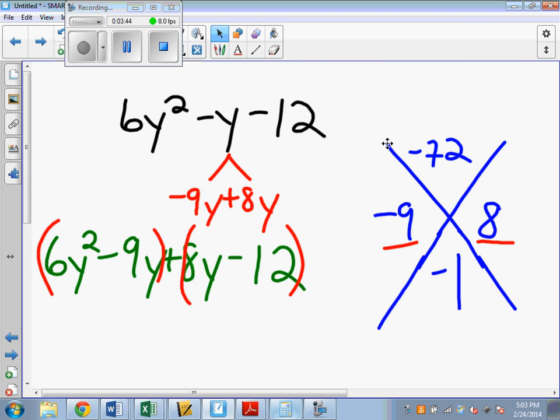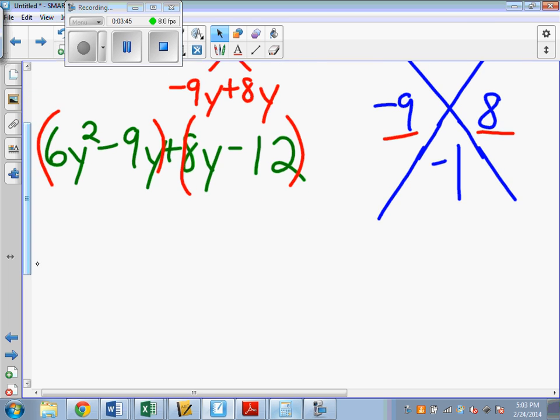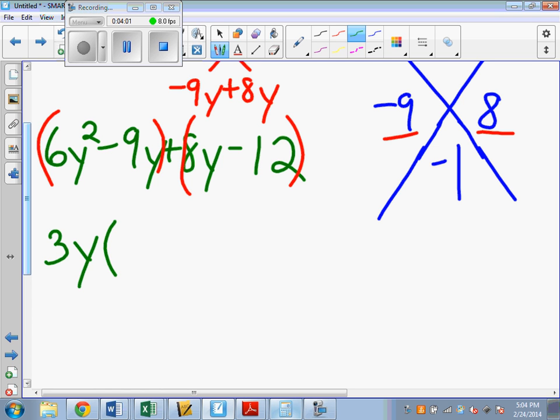When I'm factoring by grouping, I take a look at my first group, 6y squared minus 9y, and I want to figure out my greatest common factor. The greatest common factor of 6y squared and negative 9y is going to be 3y. And when I factor out 3y, what I have left is 2y minus 3.